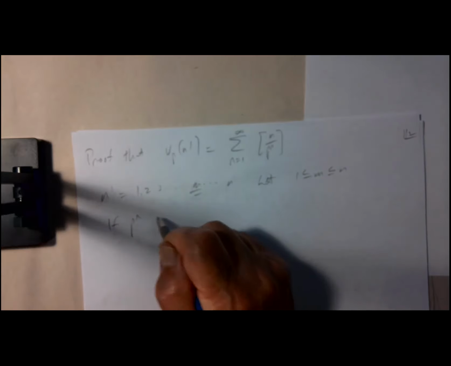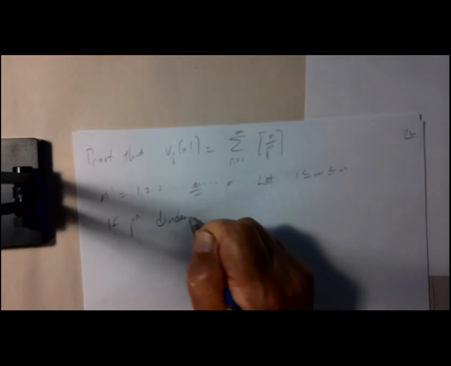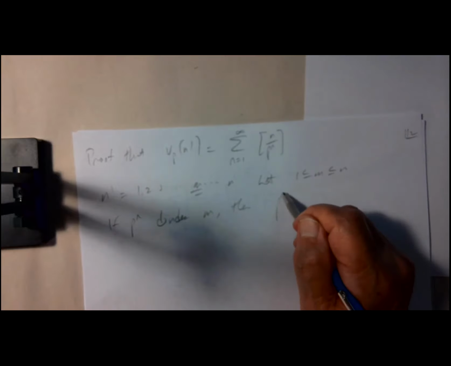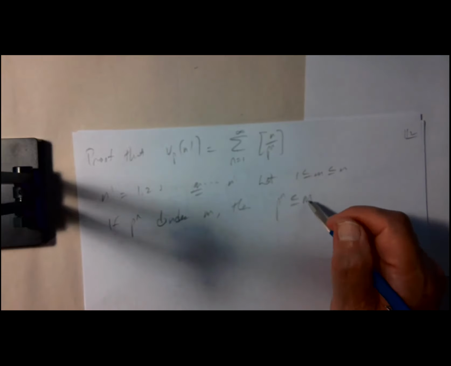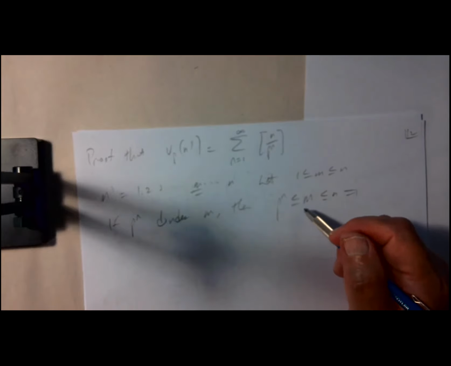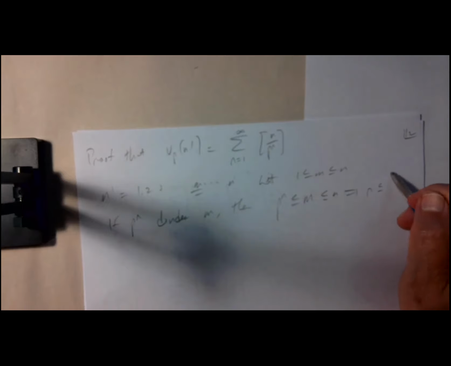So if p to the r divides m, then p to the r is certainly less than or equal to m, which is less than or equal to n. So if I take logarithms, r is less than or equal to log n over log p. And since r is an integer, it's less than or equal to the greatest integer in log n over log p.